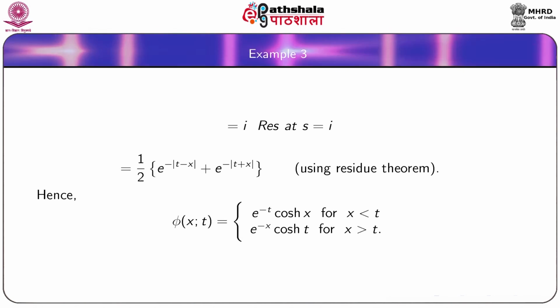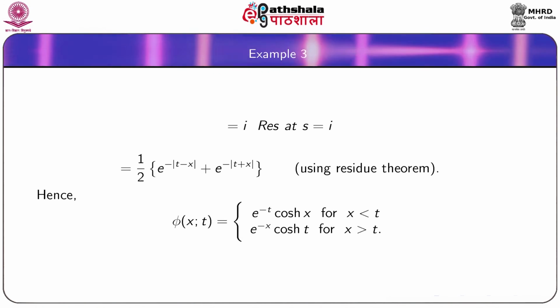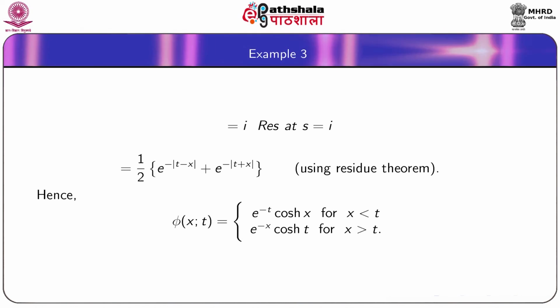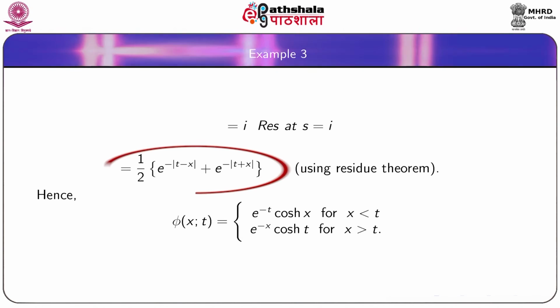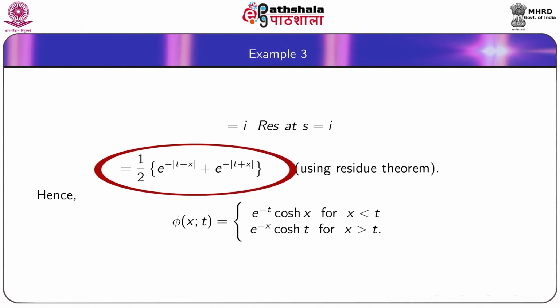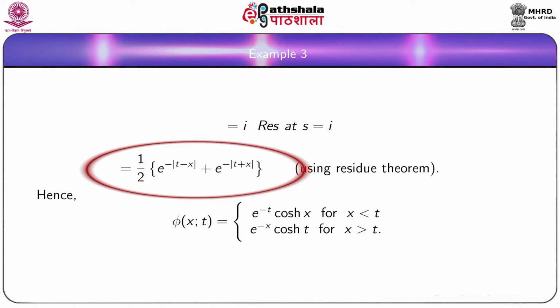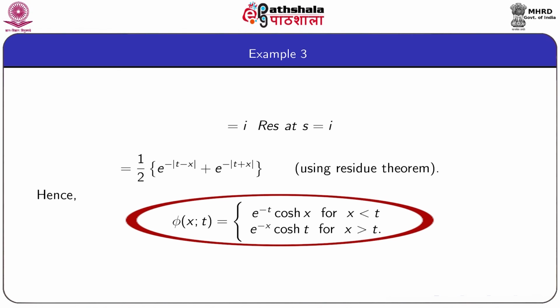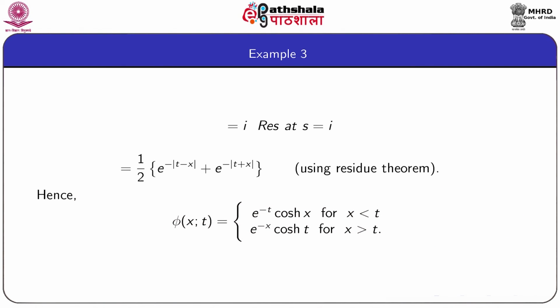Now, calculating the residues at s = i, we obtain φ(x,t) as half of [e^(−|t−x|) + e^(−|t+x|)] using the residue theorem. Hence, φ(x,t) can be written as e^(−t) cosh x for x less than t, and for x greater than t, φ(x,t) is equal to e^(−x) cosh t.